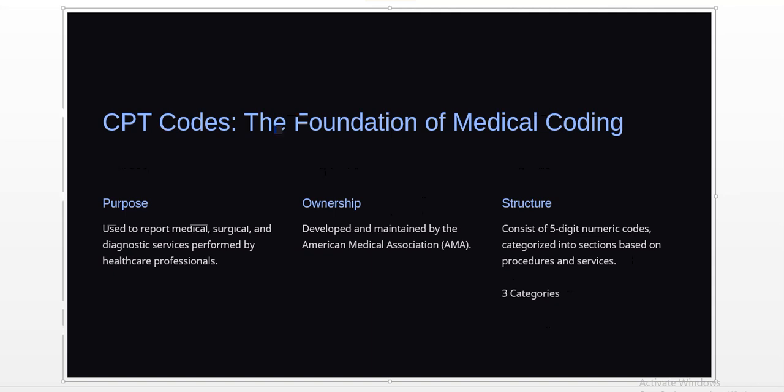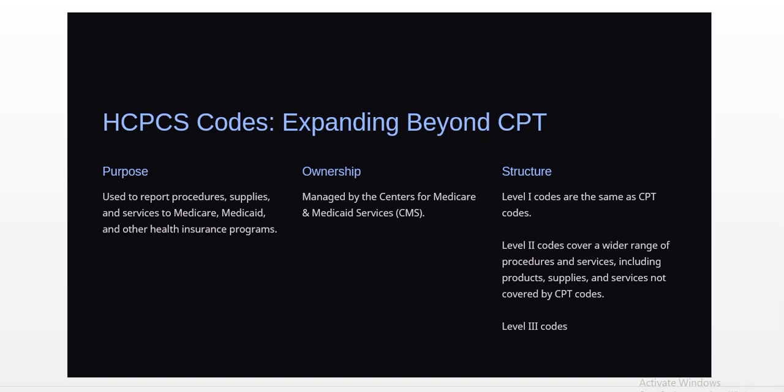Now we will learn about HCPCS codes, expanding beyond CPT. Most of the time, CPT codes have more priority than HCPCS codes. These HCPCS codes expand beyond CPT. So what is the purpose of HCPCS codes?